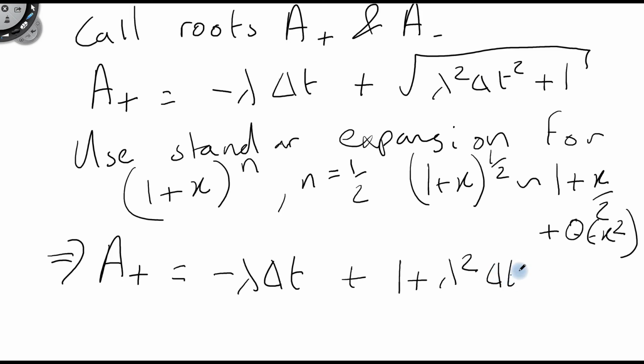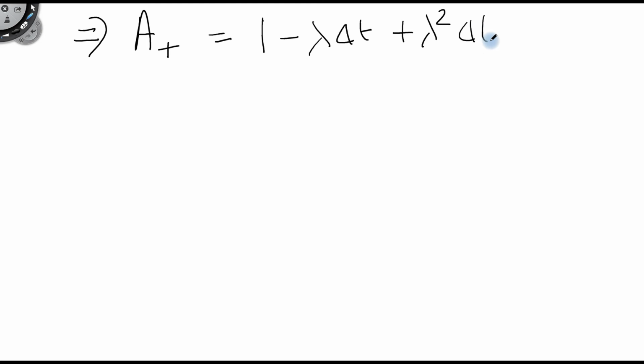So we then have lambda squared delta t squared on 2 plus order, because it's order x squared and it's delta t squared, there it's order delta t to the 4. So the remnant term is here. That implies that your plus root is 1 minus lambda delta t plus lambda squared delta t squared on 2 plus order delta t to the 4.